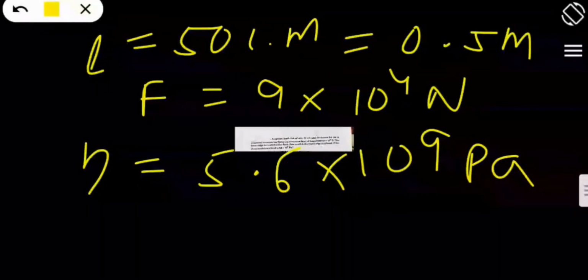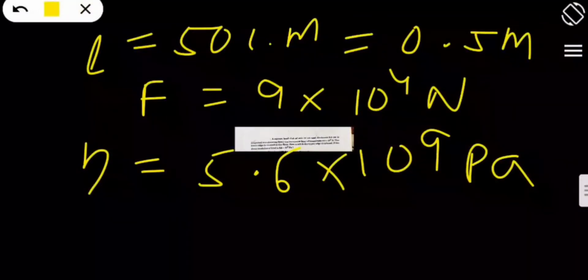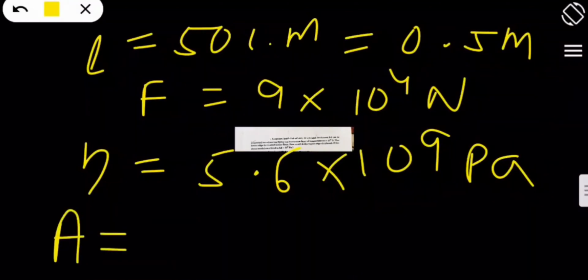Now here I need to find out what? Obviously the area, because stress divided by strain will give me the answer. Stress is force upon area, so area I need to find. Area is equal to what into what? You have 50 centimeter of the side, multiplied with thickness of 5.